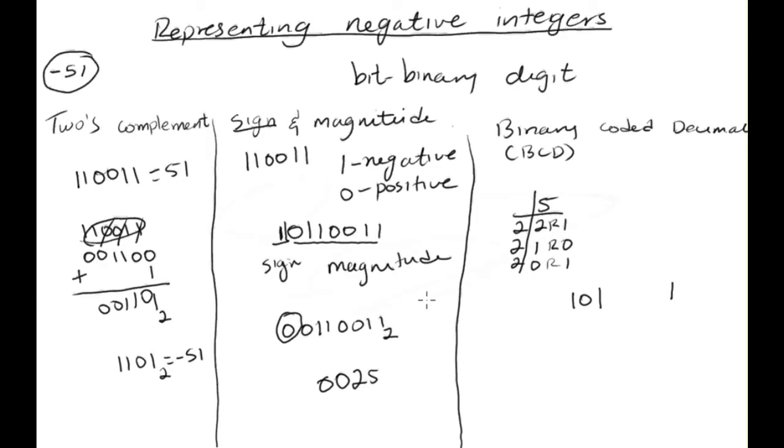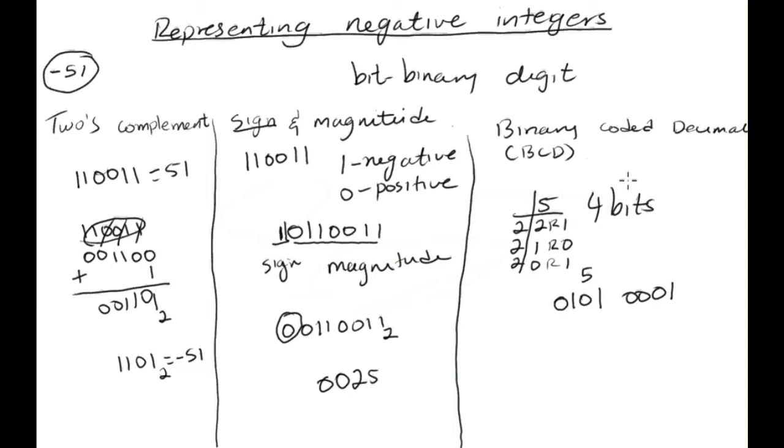Now remember I said we need to make it 4 bits. We need to represent every digit in 4 bits in binary. So currently we have 1, 2, 3 bits for 5. Right? But we need 4. So just like we did over here, we add a 0 to the left to make it 4. With 1, we need to add 3 zeros to make it 4.